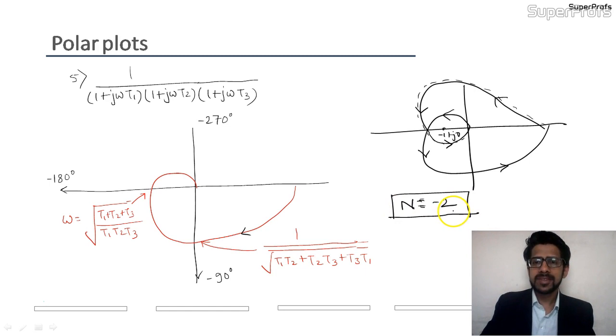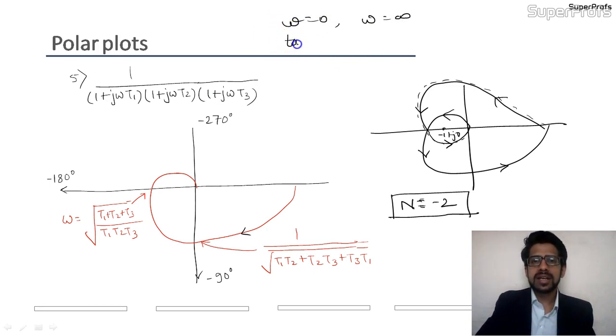So this is how I can calculate the encirclements, and this is how I can draw the Nyquist plots according to the knowledge of polar plots. As I mentioned, for polar plots you have to calculate angle and the phase. Put omega equal to 0 initially and put omega equal to infinity for limiting cases.